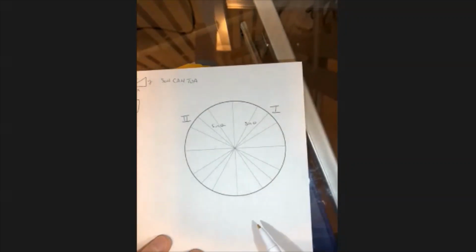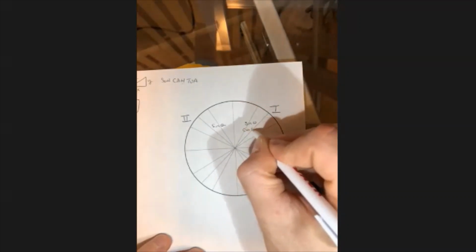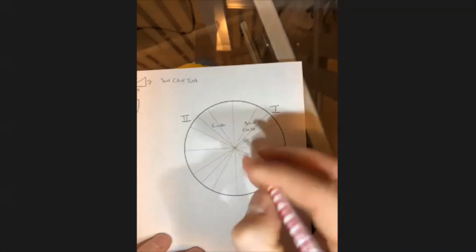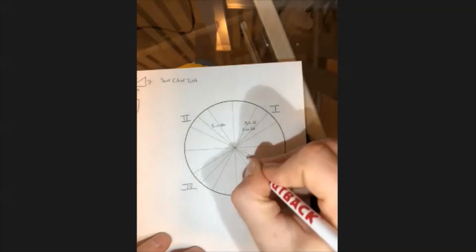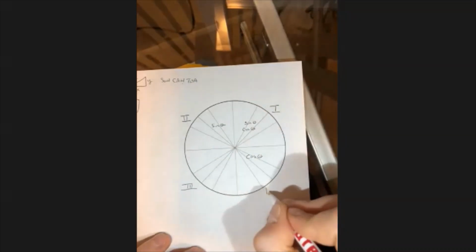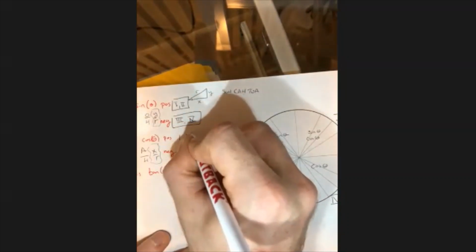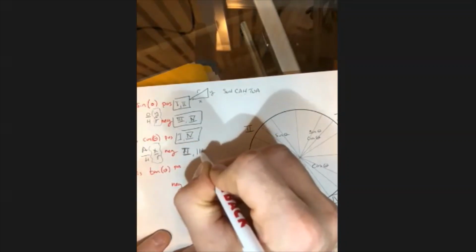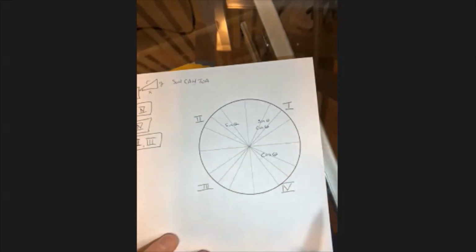Which quadrants? 1, not 2 because it's negative over here, and not 3 because it's also negative over here, but it is positive in quadrant 4. So 1 and 4. Which means 2 and 3, it must be negative. So for 2 and 3, my x's are negative.